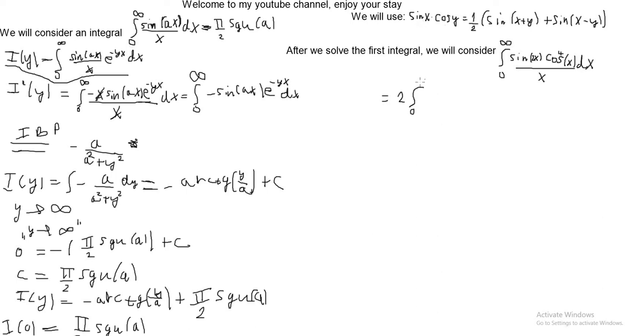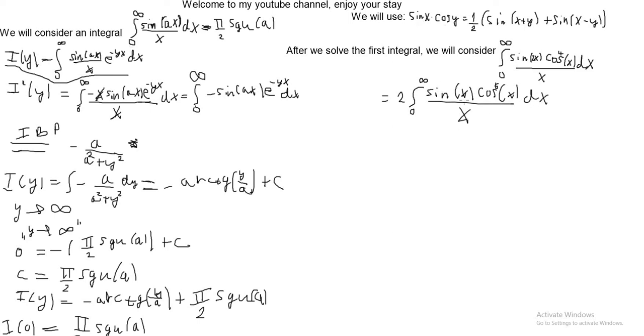We will expand the sine of 2x into 2 sine of x cosine, so the integral is sine of x cosine to the fifth of x divided by x dx.